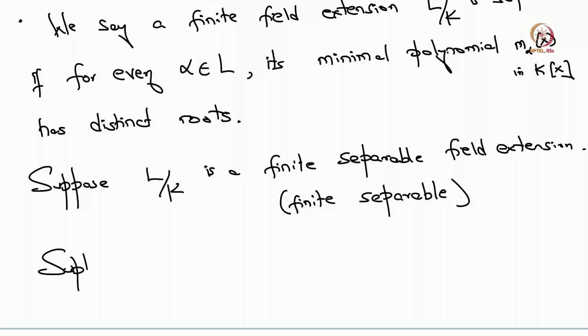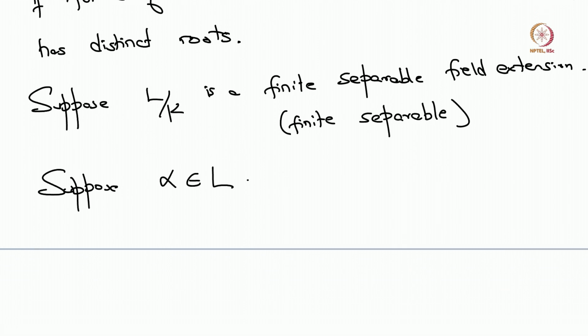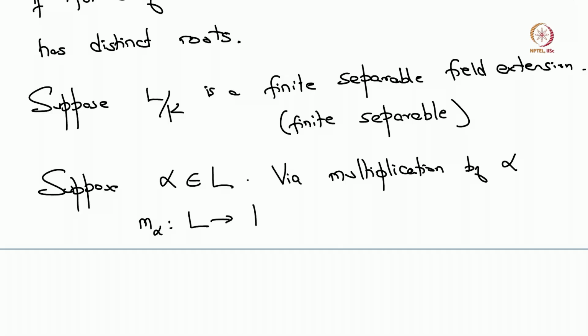And suppose alpha is an element of L, then via the multiplication by alpha map, we get this map M alpha from L to L, and it has this property that this is actually a K linear transformation.